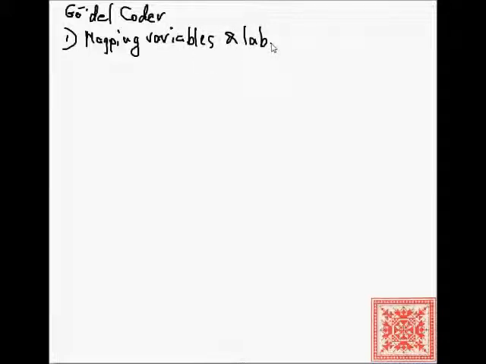In the previous screencast, we were talking about the first two tasks that the Gödel coder must accomplish. The first task is mapping variables and labels. We have arranged the variables and labels into sequences so that every variable and every label of the L programming language is mapped to a unique natural number.